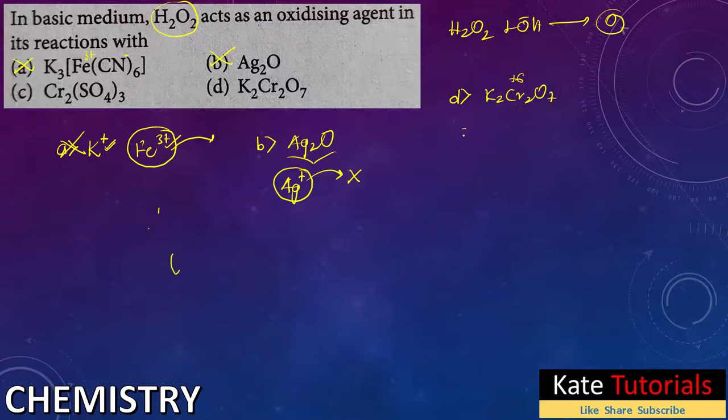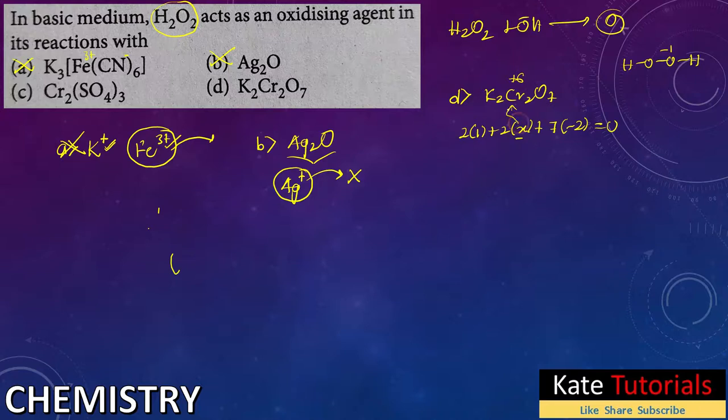Potassium is plus 1, so 2 into 1, plus I want the oxidation state of chromium, so 2 into x, plus 7 into oxygen. The oxidation state of oxygen is always minus 2, except in peroxides like H2O2, where it is minus 1. Overall is 0. So x, the oxidation state of chromium, I have to find.